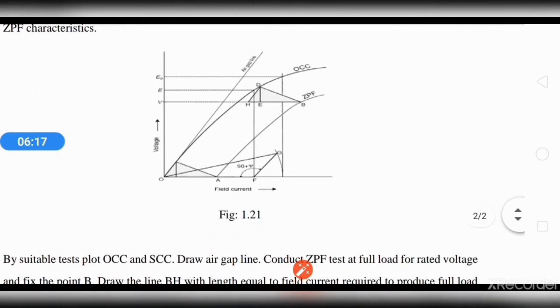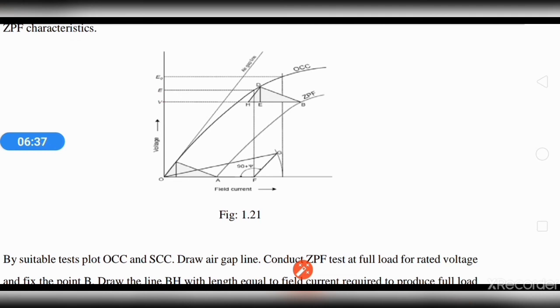So this is the whole procedure, including the zero power factor line also, and we can find V, E0 and E to find the corresponding voltage regulation. This is all about the zero power factor load characteristics.